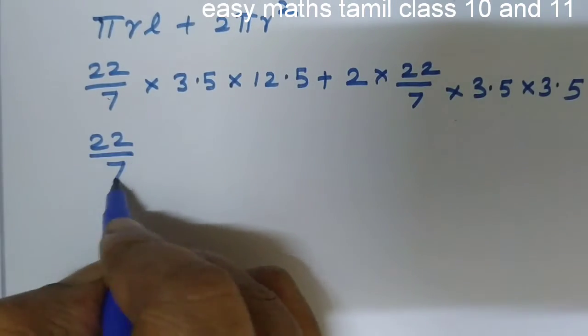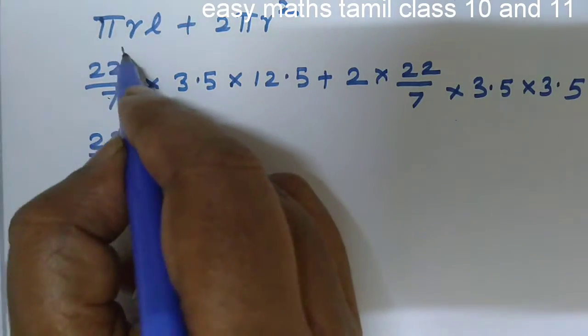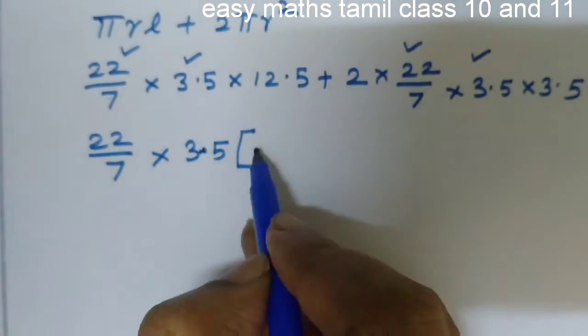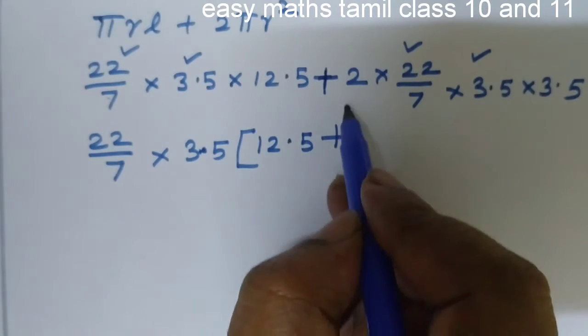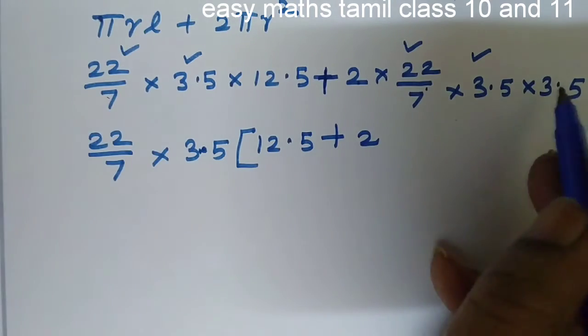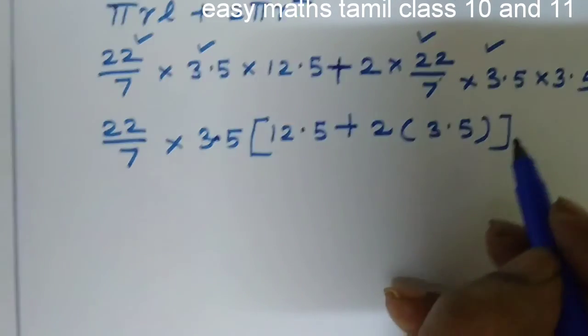Taking 22 by 7 into 3.5 common for both the terms, taking this outside, write the remaining: 12.5 plus 2 into 3.5.